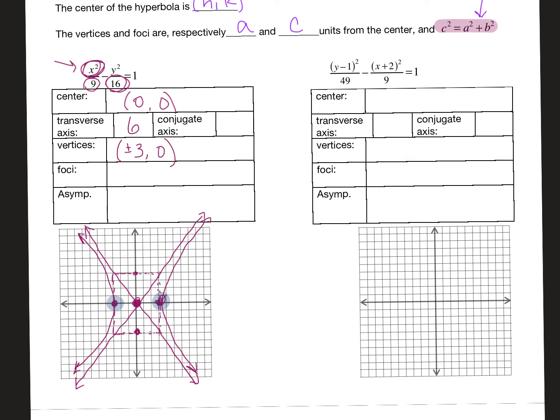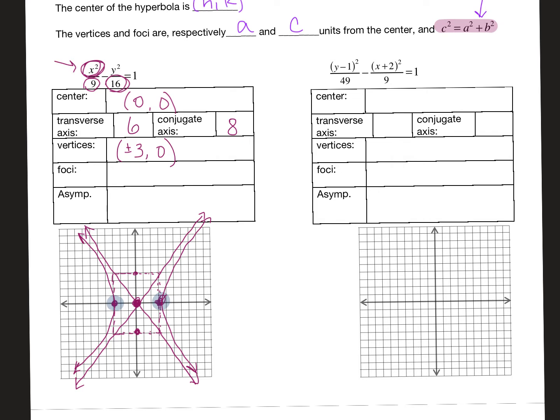And the conjugate axis is the distance between the other 2 dots. The transverse axis and the conjugate axis are going to be the dimensions of that rectangle that you drew. It won't necessarily be larger and then smaller. It depends on which letter comes first. It's all about position.